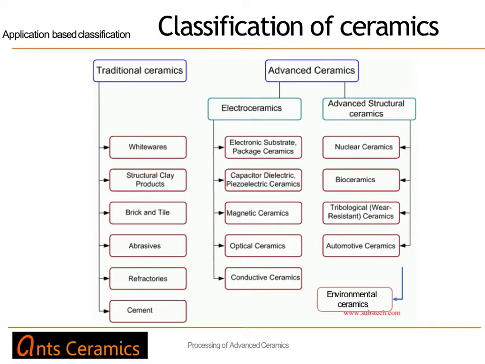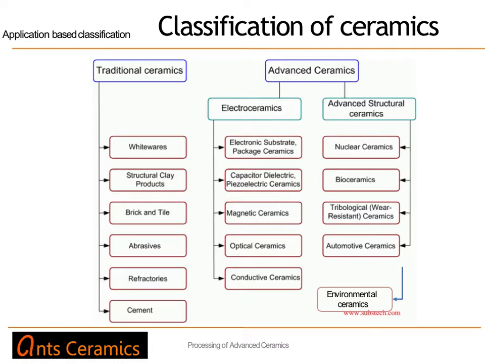When ceramics are classified based on applications, there are two forms: traditional ceramics and advanced ceramics. In traditional ceramics, we keep whitewares, earthenwares, structural clay products, bricks, tiles, abrasives, refractories, cements, etc. In advanced ceramics, we define two different parts: electroceramics and advanced structural ceramics.